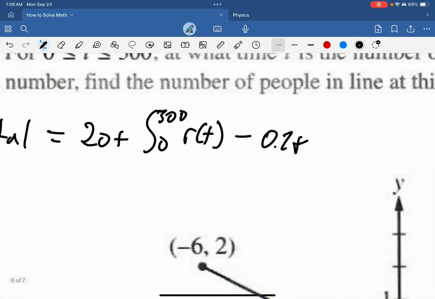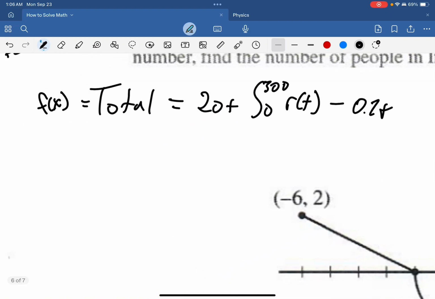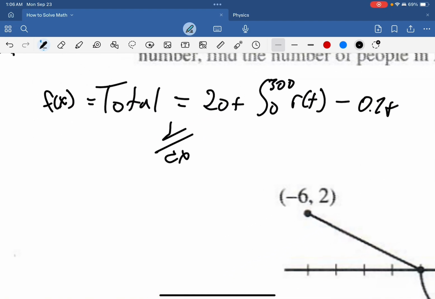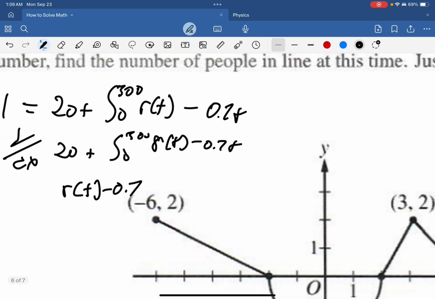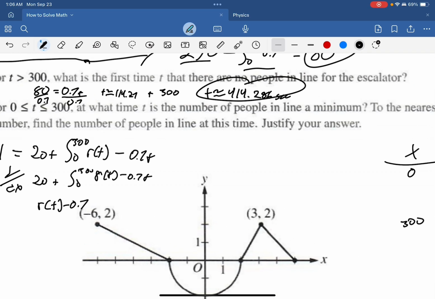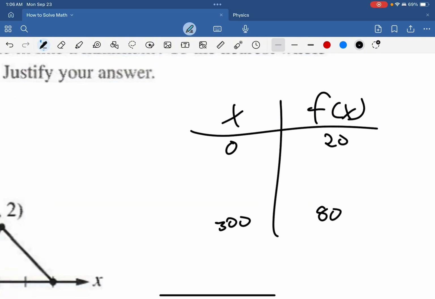And now we have to find the critical points of this equation. So let's take the derivative of this. d/dx of 20 plus the integral from 0 to 300 of r of t minus 0.7t is going to be r of t minus 0.7. Then plug into your calculator and do calc zero to figure out the points.